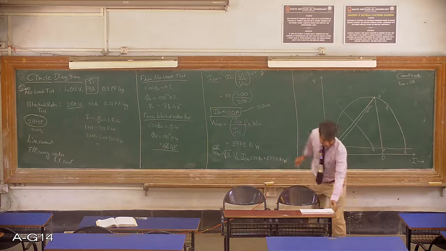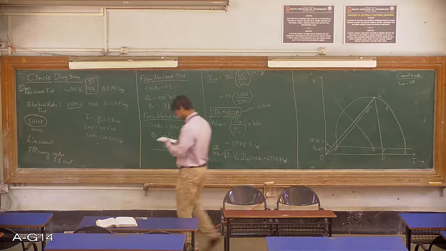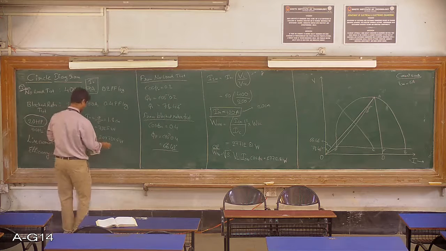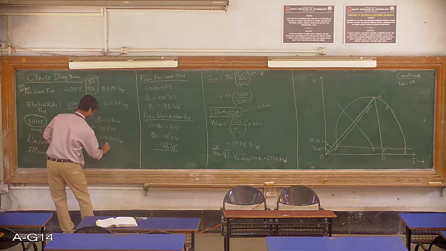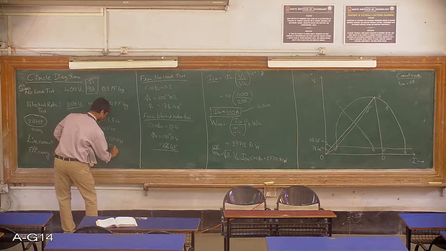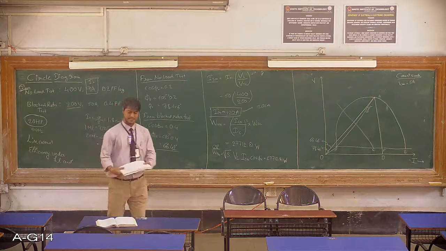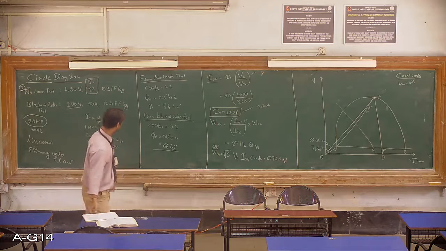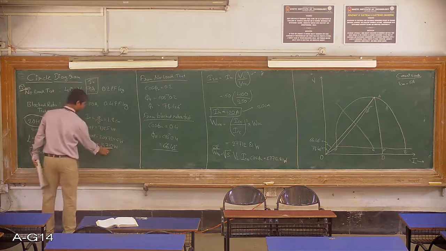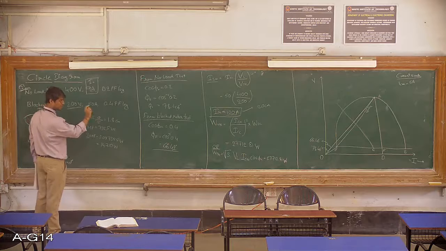It results as 14,710 watts. Now the output of the machine is 14,710 watts. This is the output of the machine. Okay, only the output of the machine, not any losses.